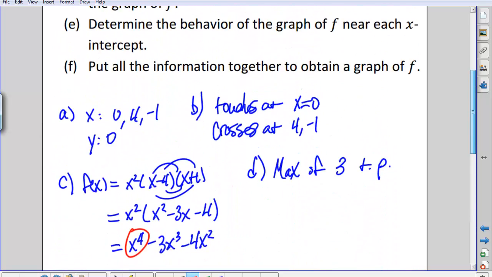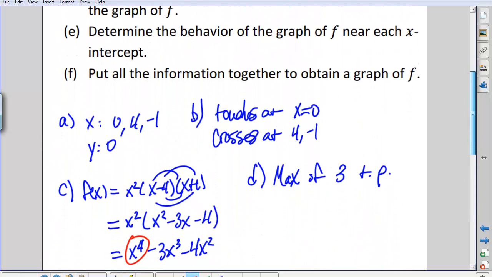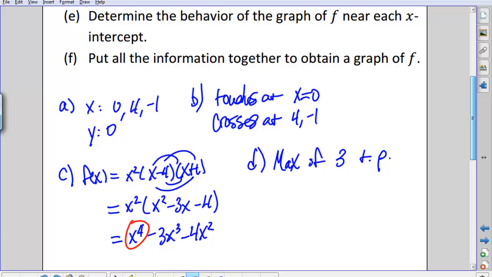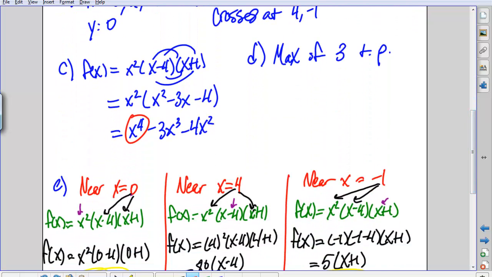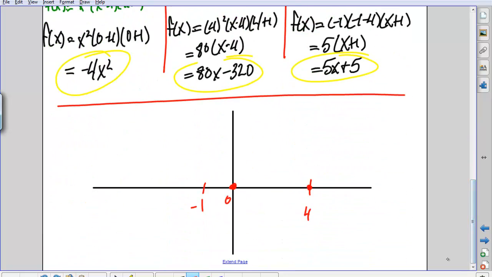The ends of my graph, what are they doing? This thing touches at 0, crosses at 4 and negative 1. The ends of the graph look like x to the 4th, so this end's going up, and this end's going up.